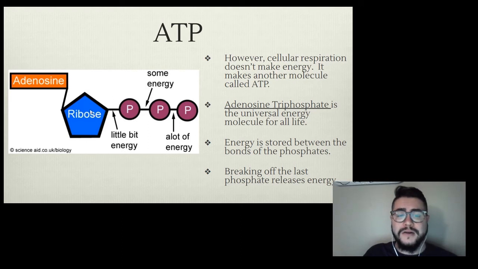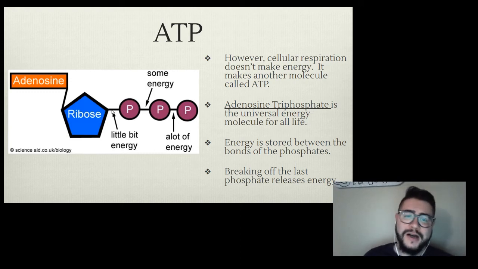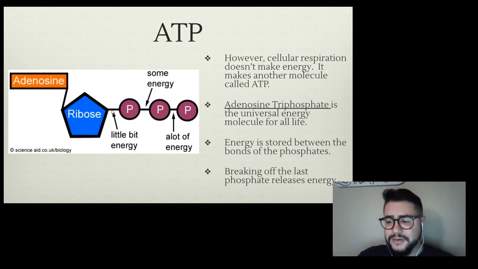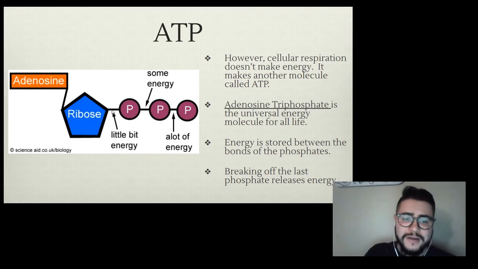It may not be a lot of energy, but there is a little bit stored between those bonds. With this ATP molecule specifically, most of the energy is stored in this last bond between the last two phosphates. There's a little bit of energy stored between these ones and a little bit less between those ones. How this molecule works is you basically plug an ATP molecule into where it's needed, like you would plug in a battery.